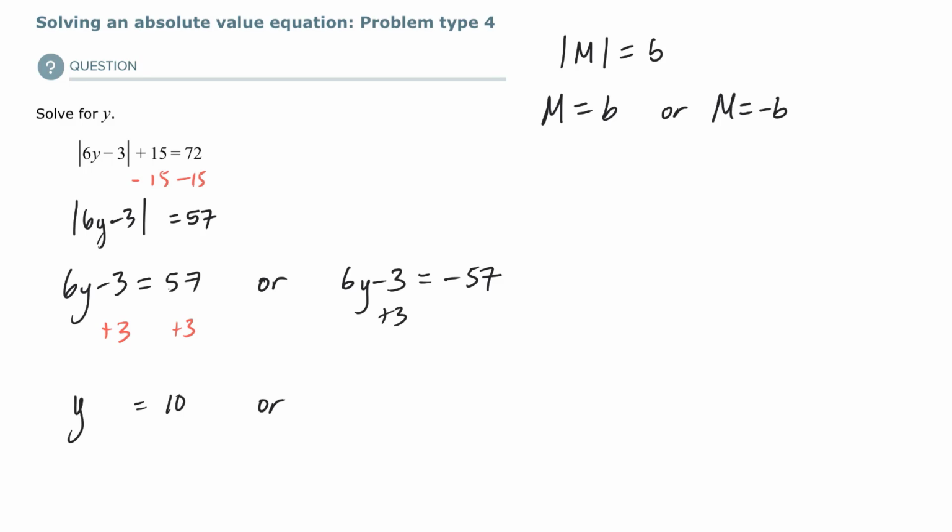Add 3, we get -54, so y is going to be -9. So we actually have two answers for y. You could check it in the original equation if you want. You know, you can just check to see if that makes the original equation true. I'm going to circle the final answer.